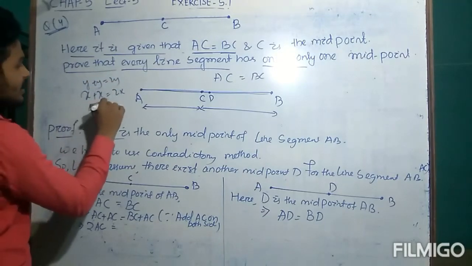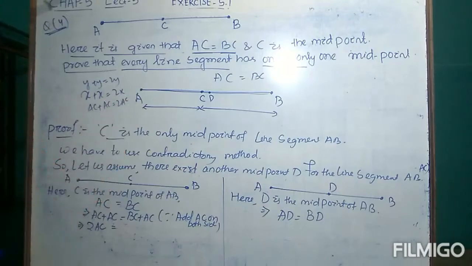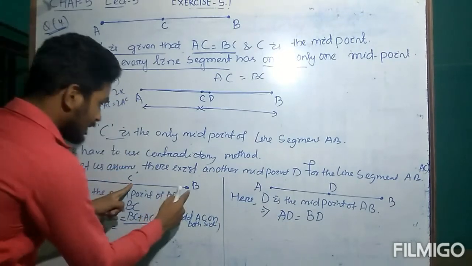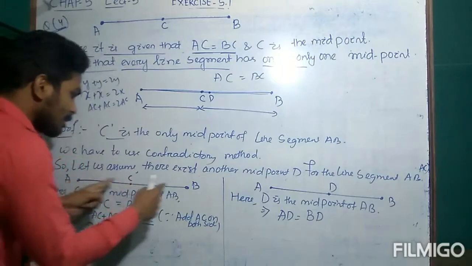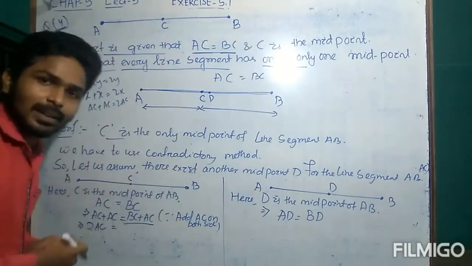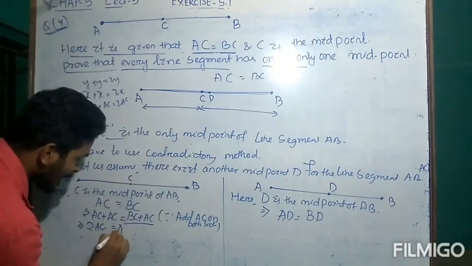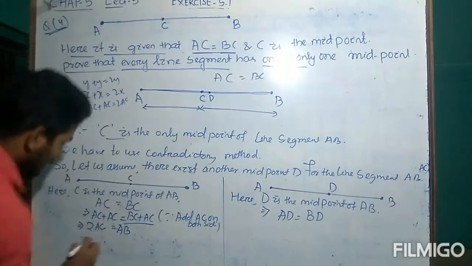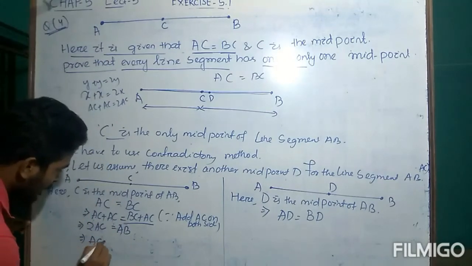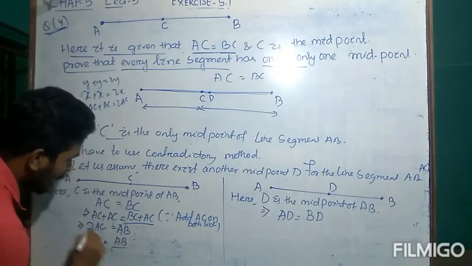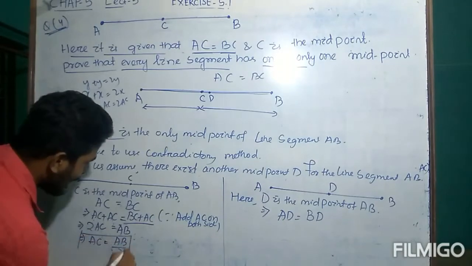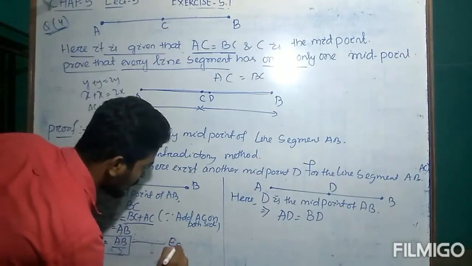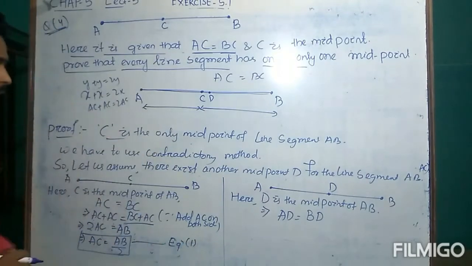Next, BC plus AC is the total length of the segment, so you can write AB. So next, find the value: AC is equal to AB divided by 2. This is your equation 1.